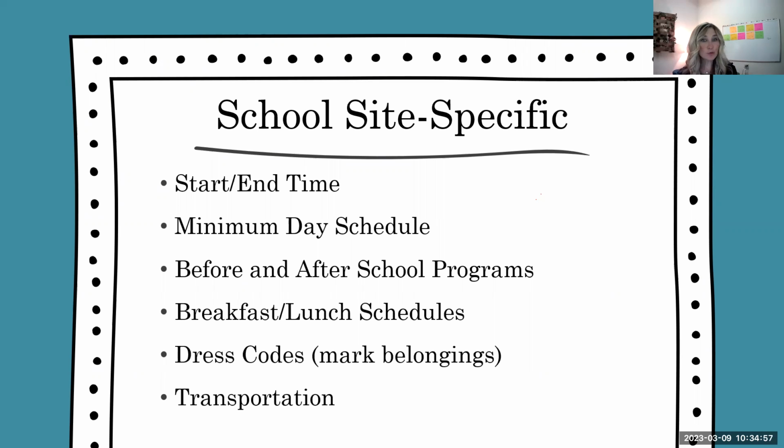Transportation, some schools have busing systems and your address would qualify to receive busing, and some schools do not, or you may not be in one of those areas where your child requires busing. So transportation is another great conversation that you will have with your child's school secretary.